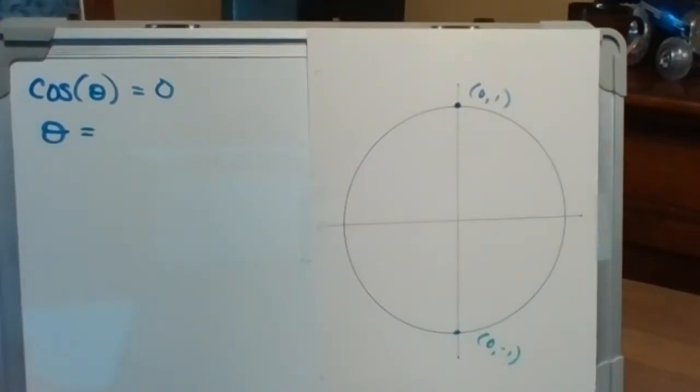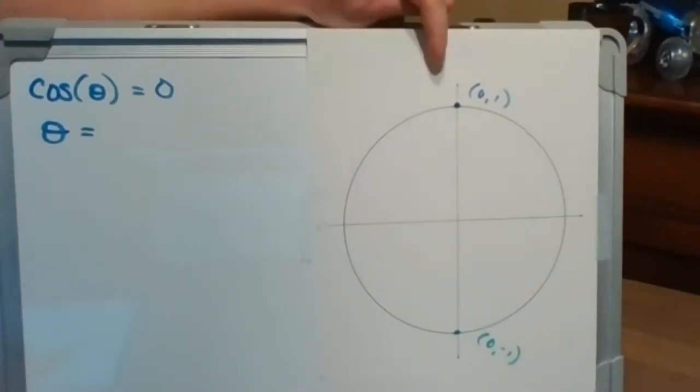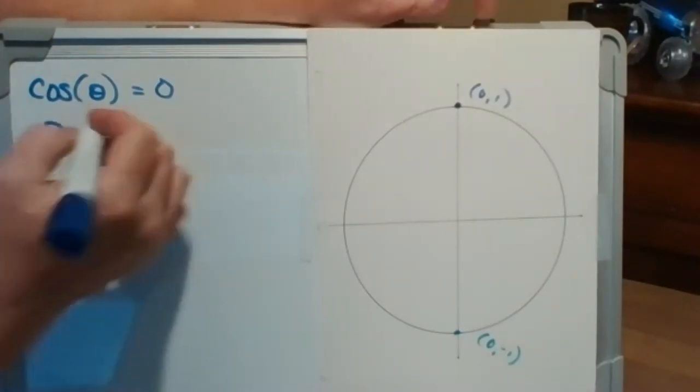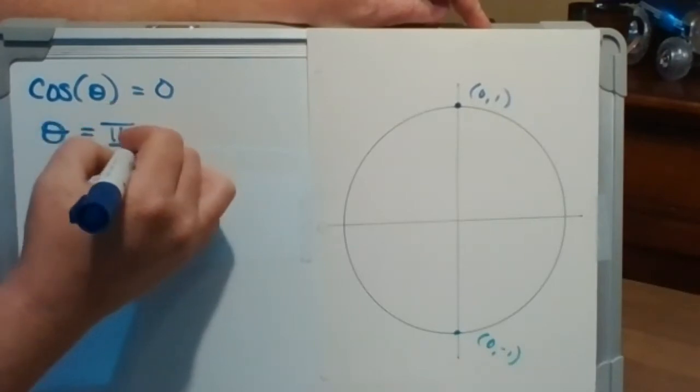We want to give those angle measures in radians. If I'm right up here at 90 degrees, what's that in radians? Pi over 2. Thank you.